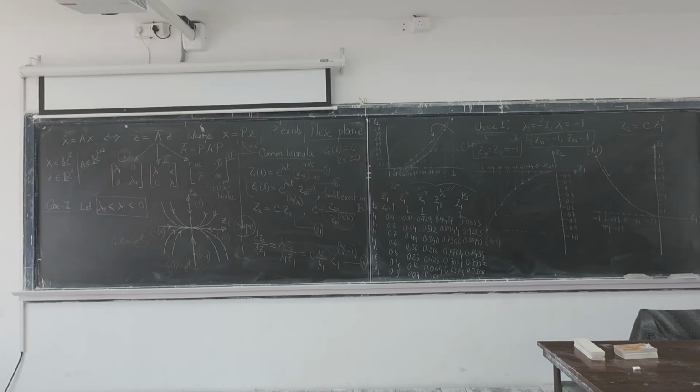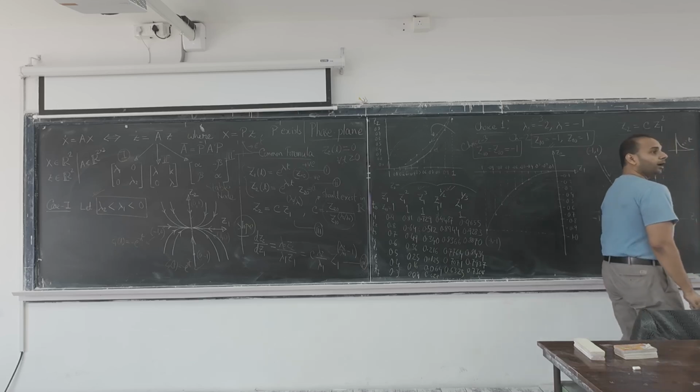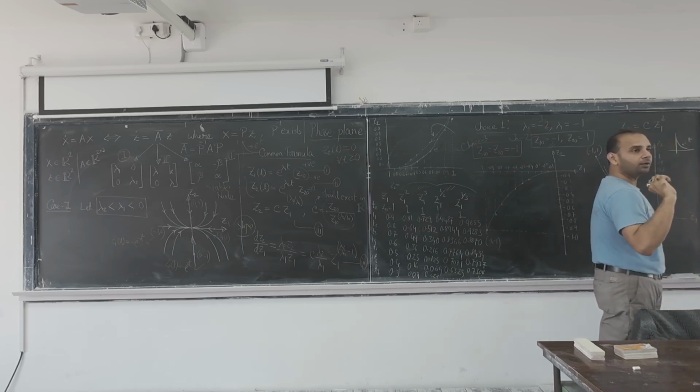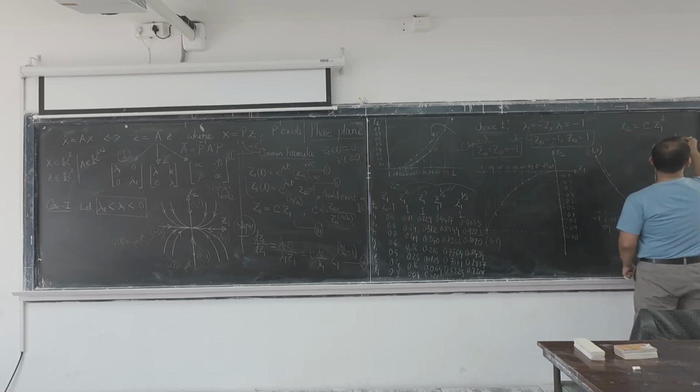See, you may still have a doubt. Here we have the same relationship, but how would you now get the values of z1? If it is plus 1, then earlier we drew e to the power minus t, right? Now if lambda 1 equals plus 1, then it would be e to the power plus t.